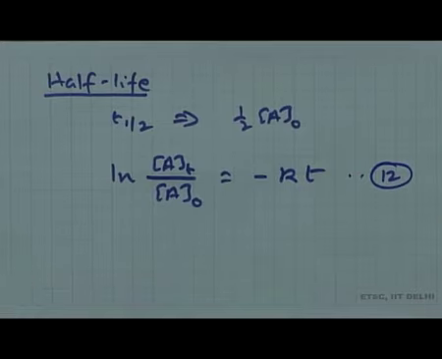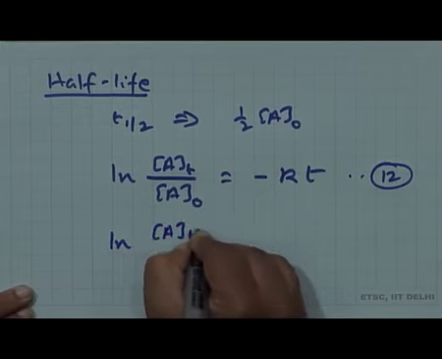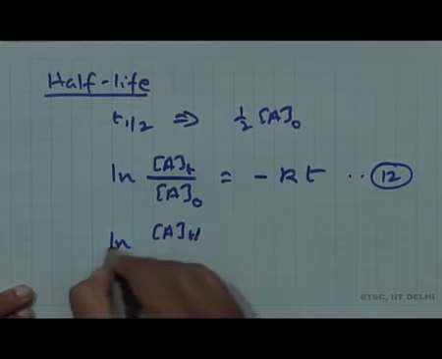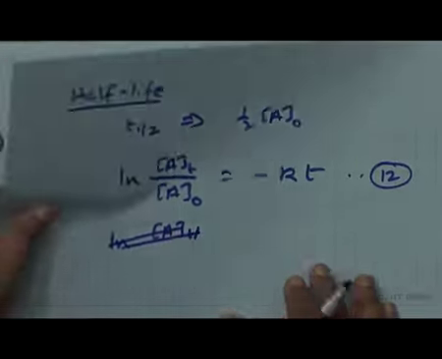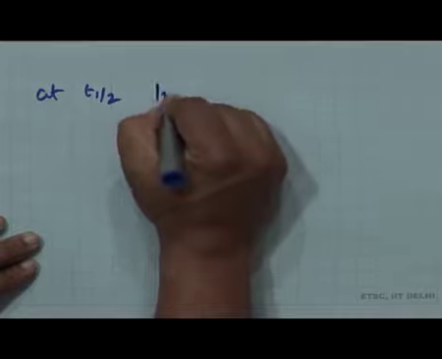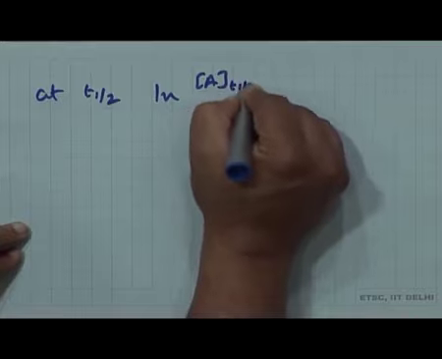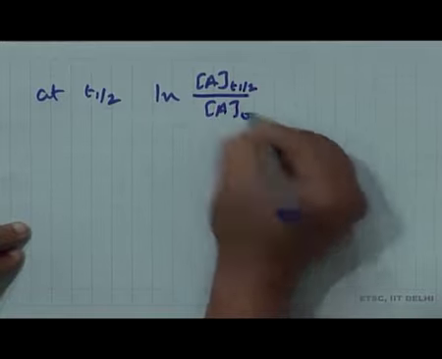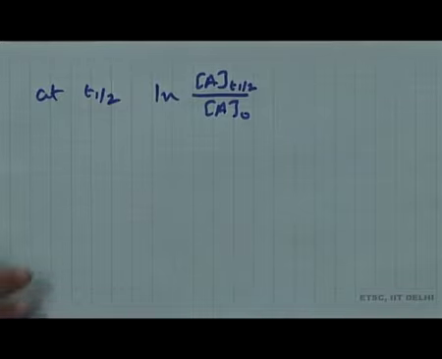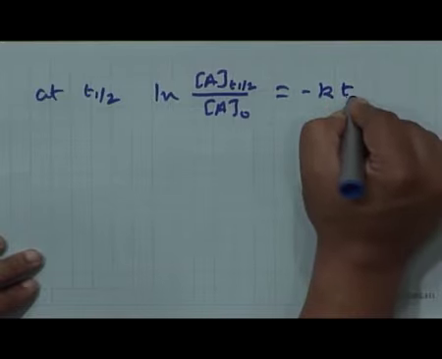Now, when I am saying T half, remember I am considering half life, so at T half, this is natural log of the concentration of A at time t equal to T half over A naught, equal to minus k t, where t is T half.